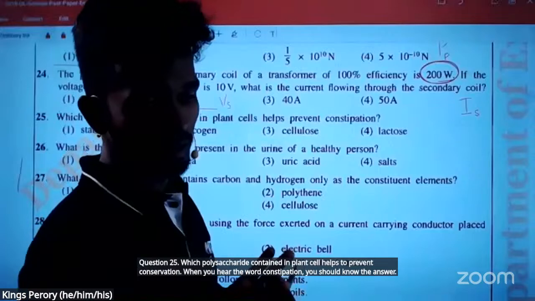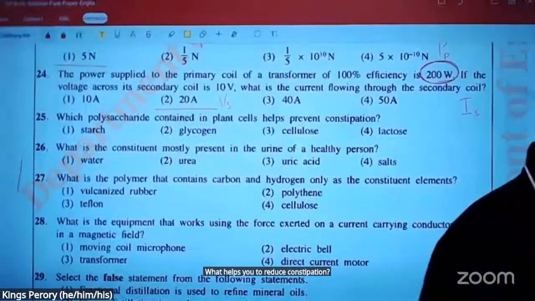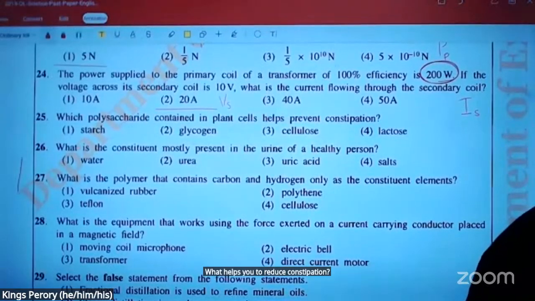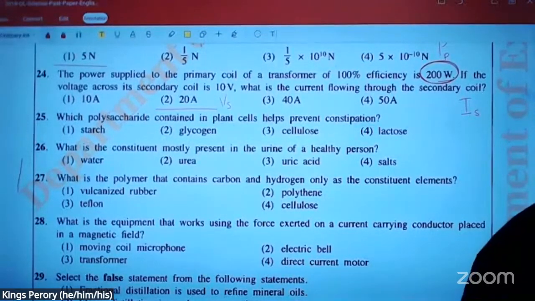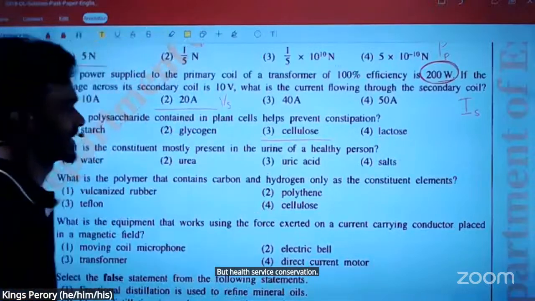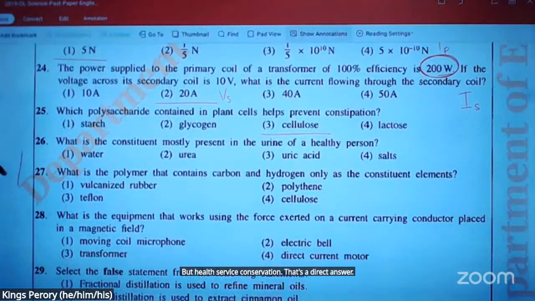What helps to reduce constipation? Cellulose. That's a direct answer. Cellulose reduces constipation.